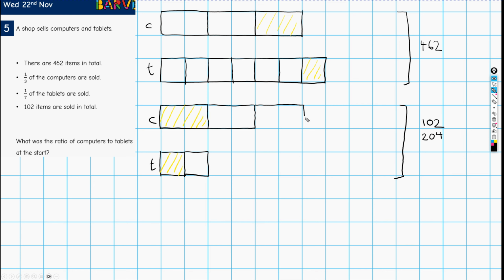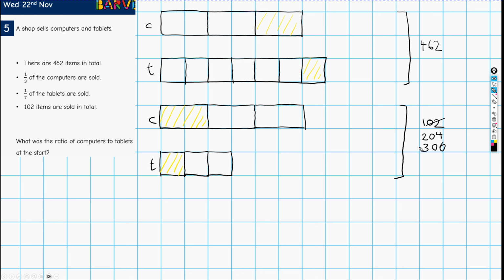So now we have 3/3 of computers and 3/7 of tablets, and that's another 102. So this model is now worth 306.